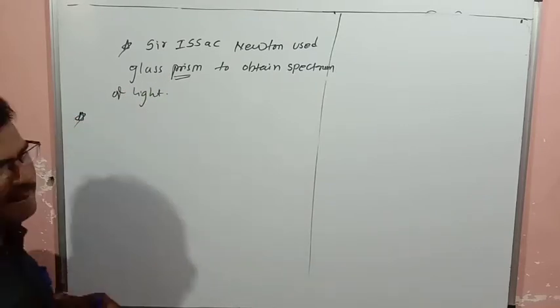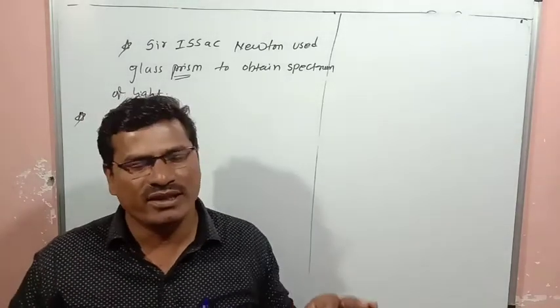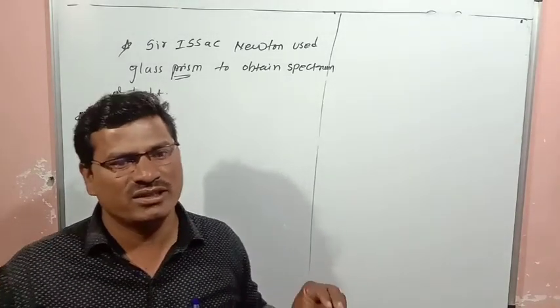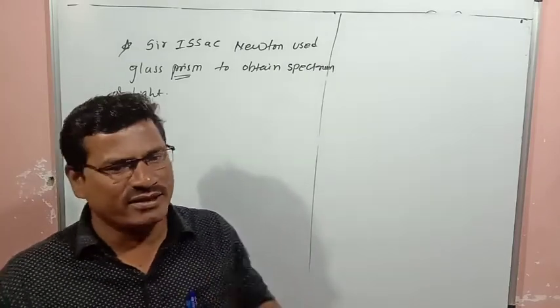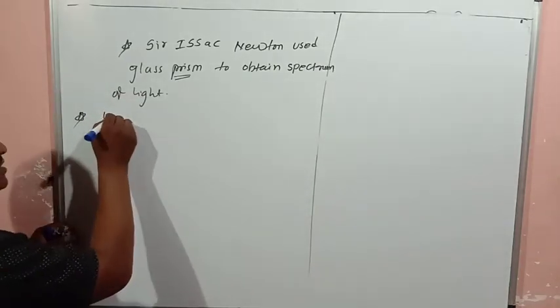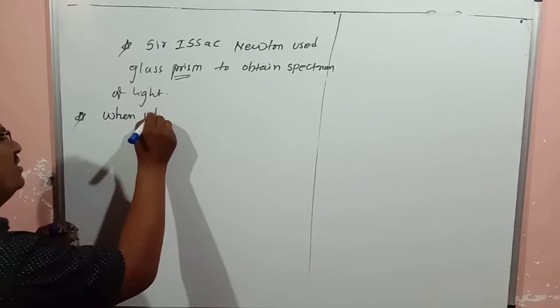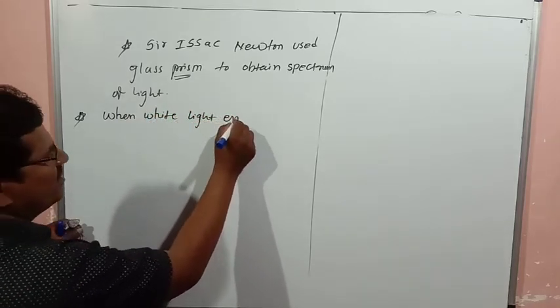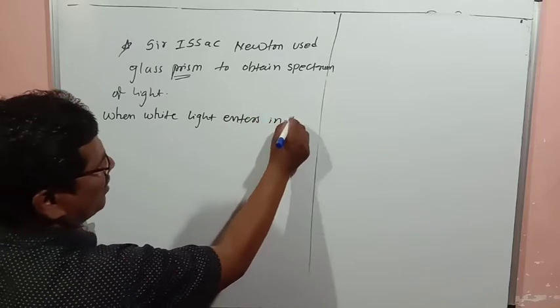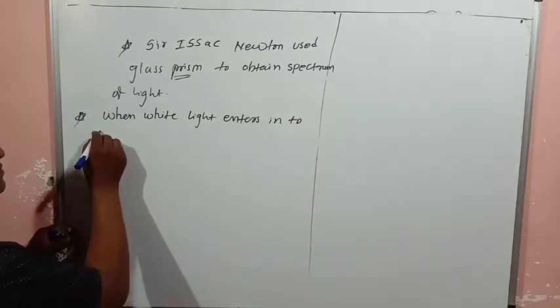Second thing is that when white light enters into the prism, different colors bend in different angles.